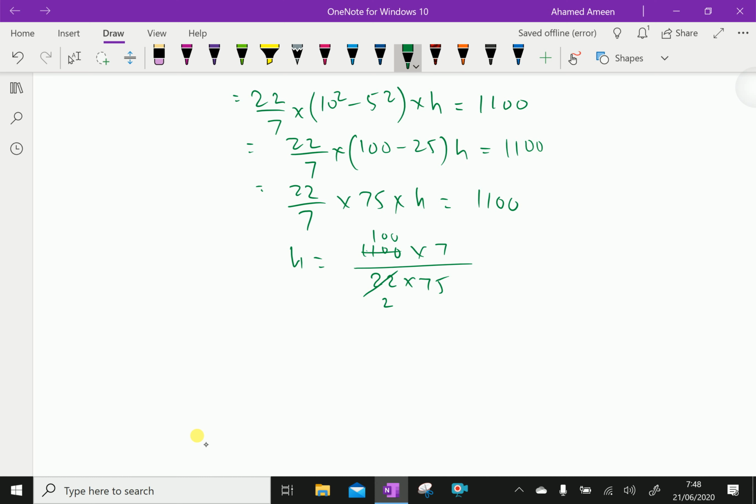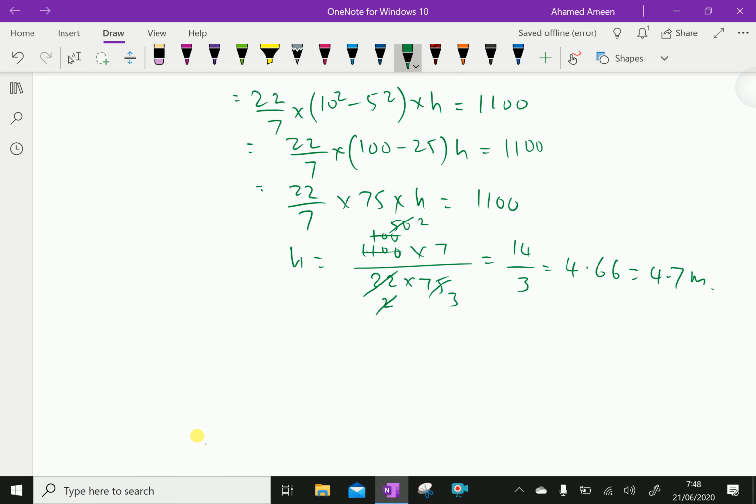Then further, 50 and 50 and 75 is 2/3. That is 14/3. So we get 14/3, which is nearly equal to 4.7 meter.